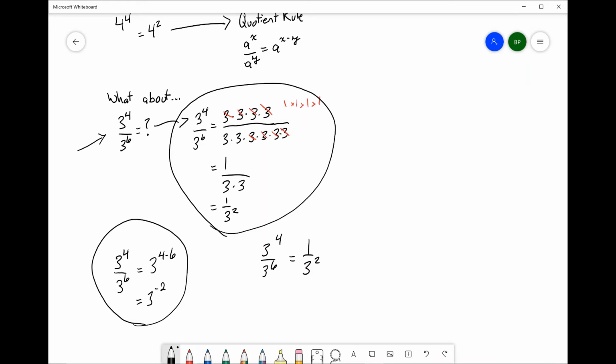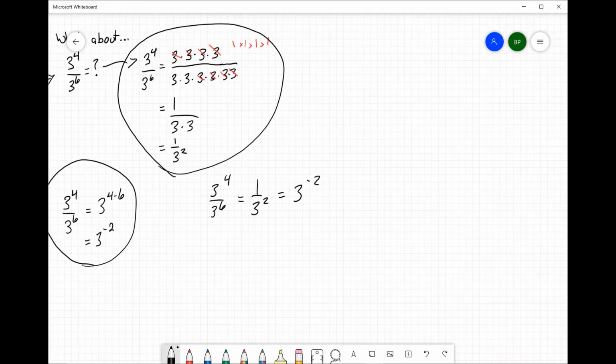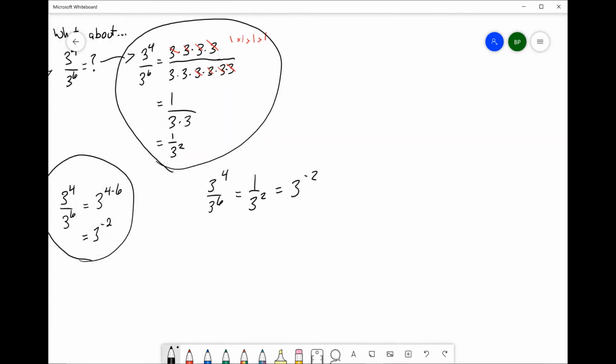But our quotient rule also tells us that 3 to the power of 4 divided by 3 to the power of 6 should bring us to 3 to the power of negative 2. So what we can learn here is that if we have a fraction with a negative, like so here, then we can rewrite that as a positive exponent in our denominator.